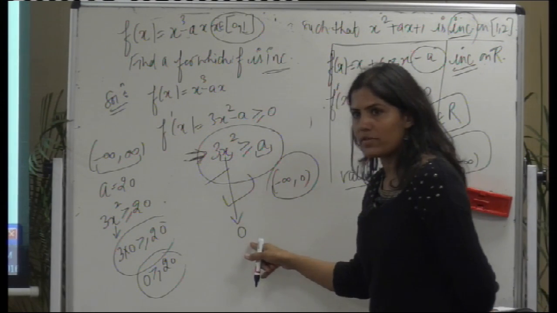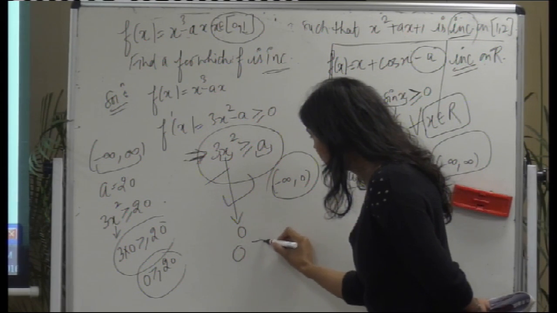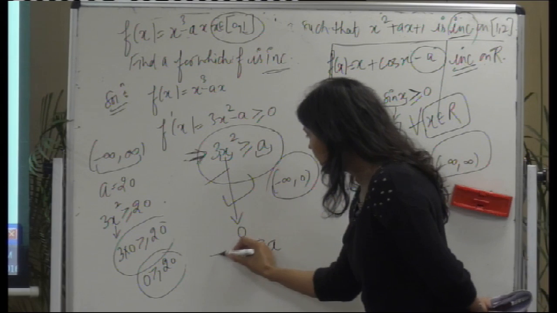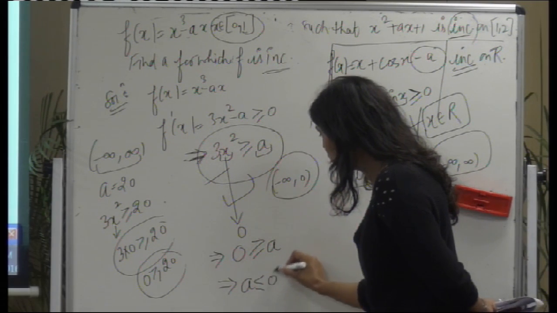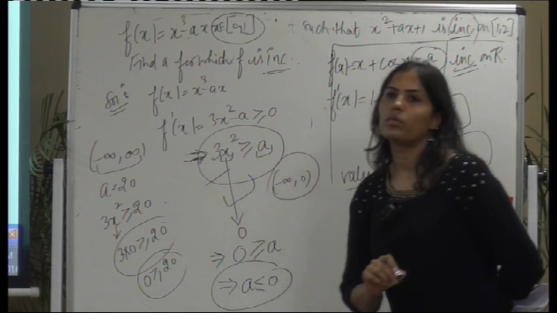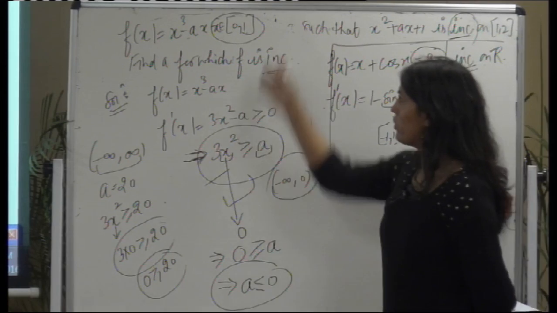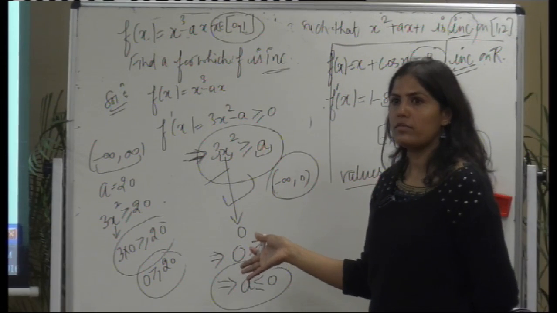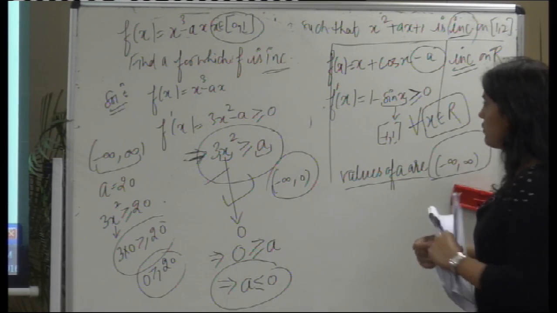So the least value is this, the smallest value. So this implies a should be less than or equal to 0. Okay. So if you take this type of a, there will be no problem. Any x will work. Is it fine? So this is how you think. You just write down this question.